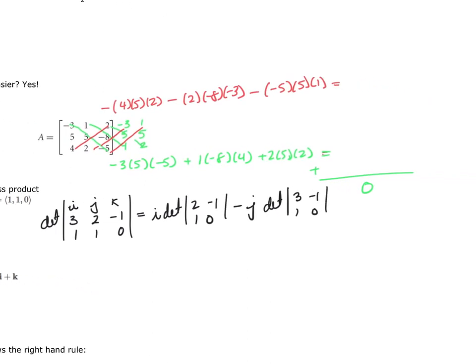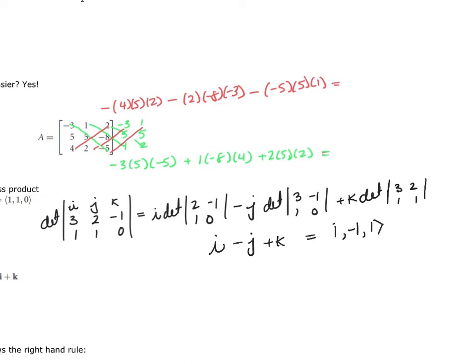And then my last one, let me just erase this out of the way, is plus K, and then the determinant of that smaller submatrix, 3, 2, 1, and 1. What will end up happening is I will end up with an I. When I multiply that out, I will get an I, and then minus J, and then plus K. So this vector ends up becoming 1, negative 1, and 1.